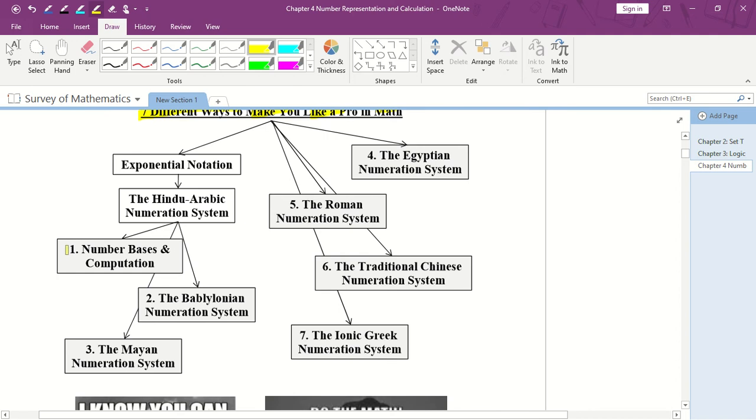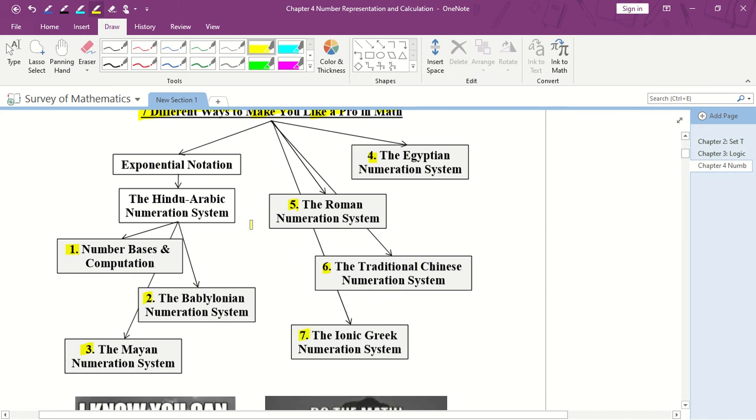First, number bases and computation; second, the Babylonian numeration system; third, the Mayan numeration system; fourth, the Egyptian numeration system; fifth, the Roman numeration system; sixth, the traditional Chinese numeration system; and seventh, the Ionic Greek numeration system.